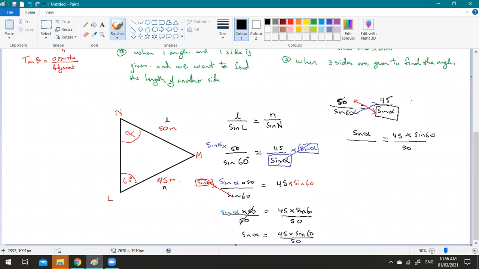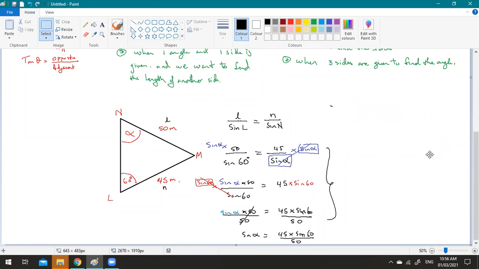If you could learn to do this in one step, you don't have to write all of that. So let me explain it one more time. We could do it in any terms.